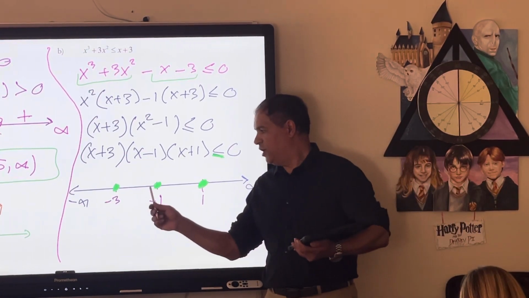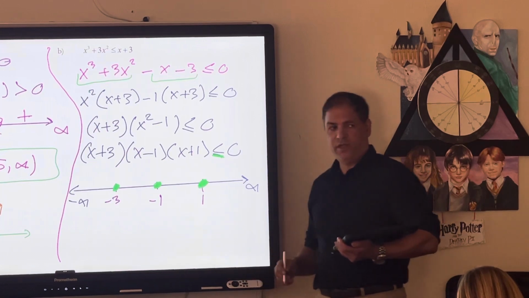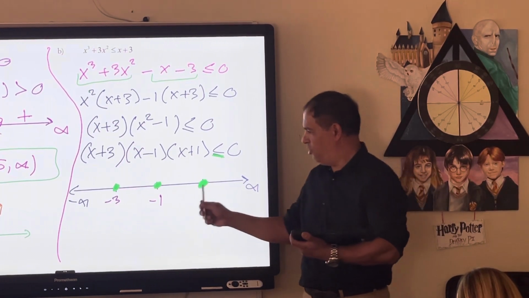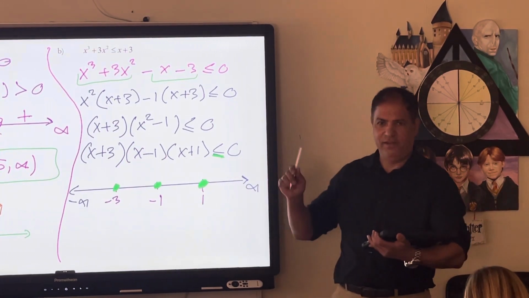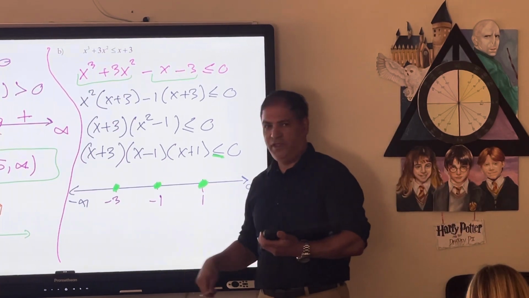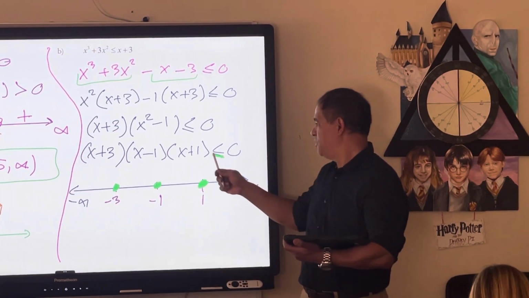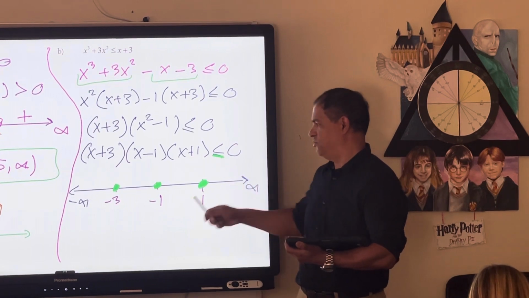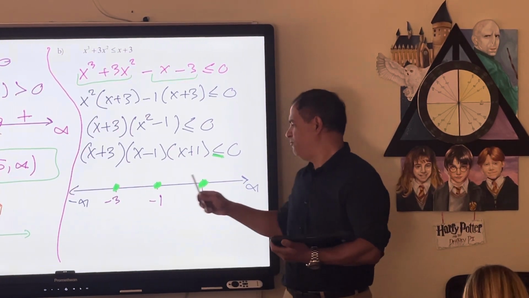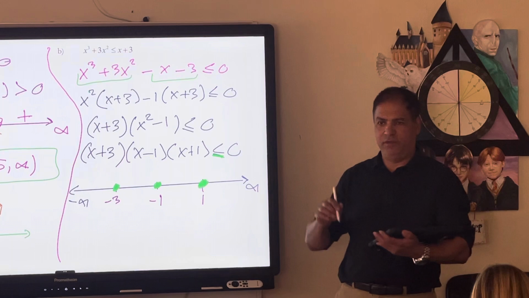Actually, all of the zeros will be part of the answer. Why? Because it says less than or equal to 0. So equal to 0 are -3 and -1 and 1, so we must include all of them.